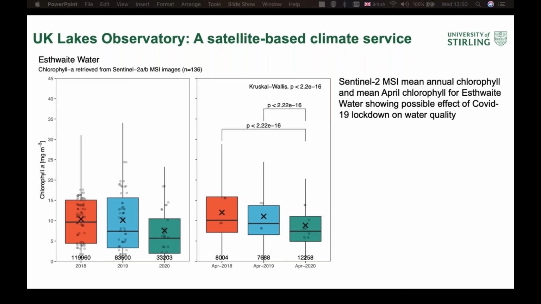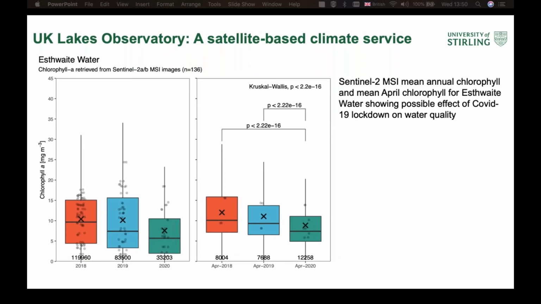This is more apparent and statistically significant in April, and could probably show a positive effect there of COVID-19 lockdown on water quality. But this is something we further investigate at the moment. We've seen other examples from Venice Lagoon where our colleagues there noticed an improvement in water quality associated with COVID-19 lockdown.